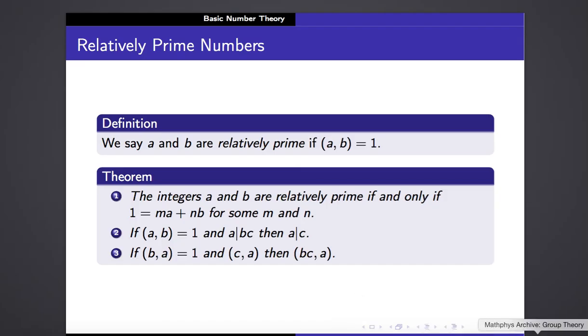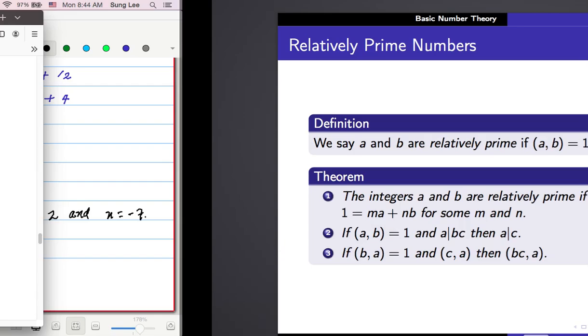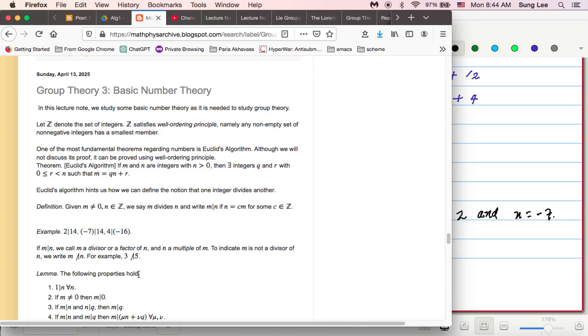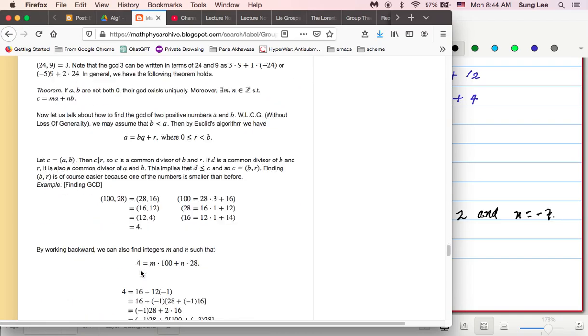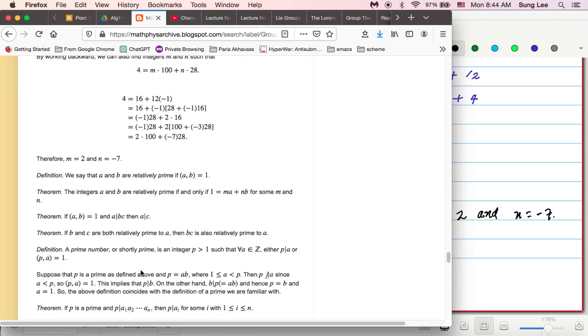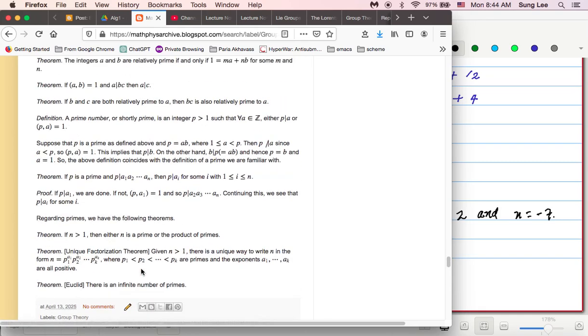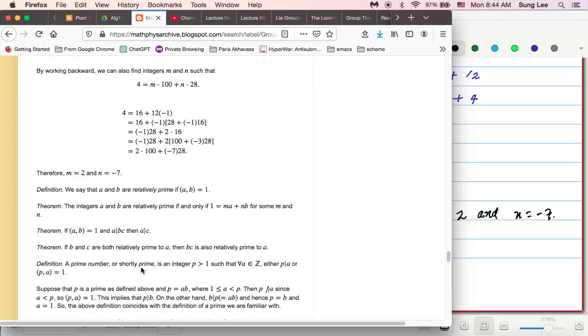So to make sure that was the case, I'm getting to my lecture note. Right, so this is the theorem. If b and c are both relatively prime to a, then bc is also relatively prime to a.